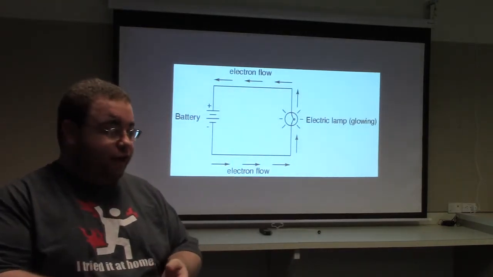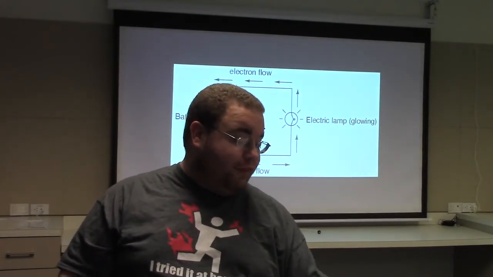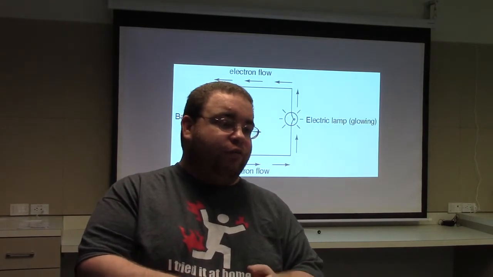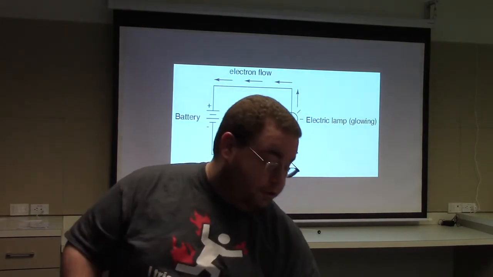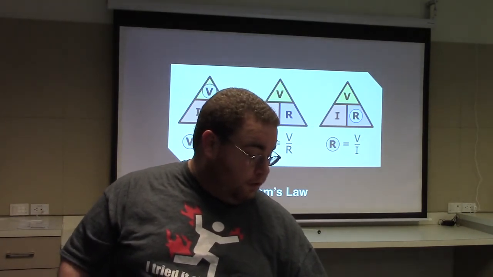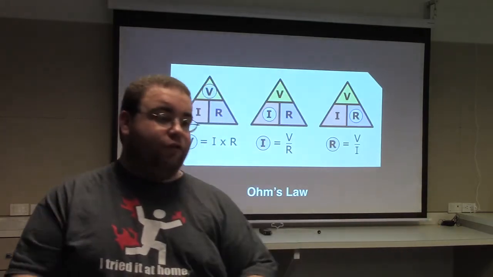And so we can figure out, if we know that the battery is, say, a 5-volt source, and the lamp has 10 ohms of resistance, we know the current is going to be 5 divided by 10, so 1/2 an amp.